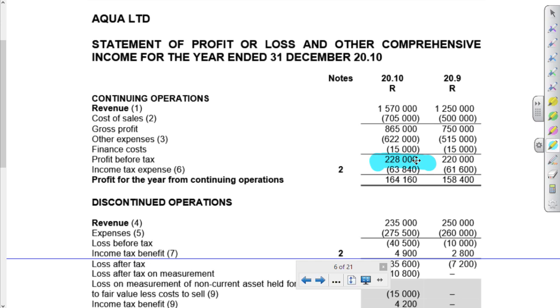It's a combination of current and deferred, isn't it? And the only exception would be exempt items. Unless they are exempt or non-deductible items, permanent differences, then 228 times 28% should be my tax number.